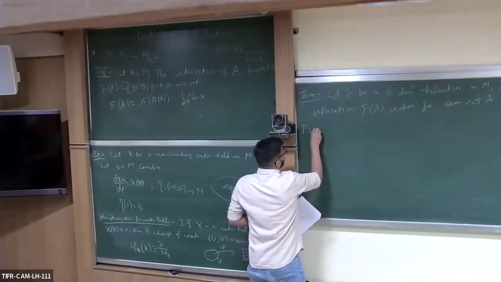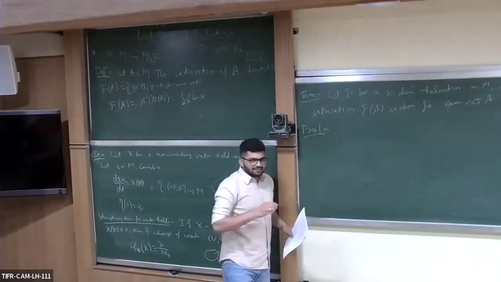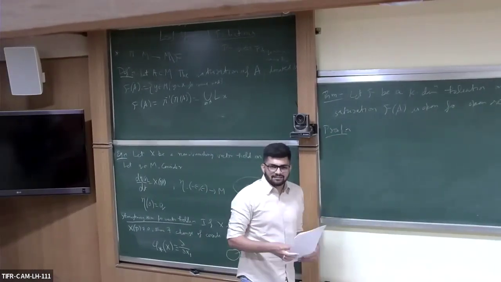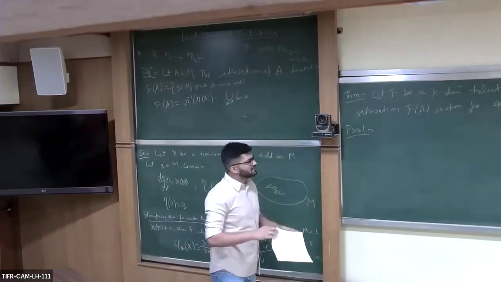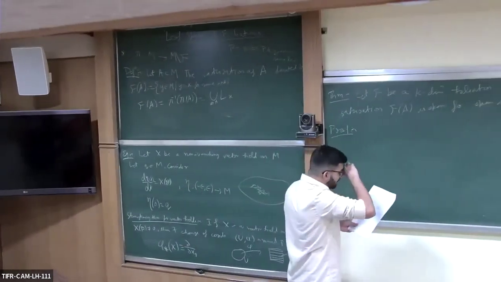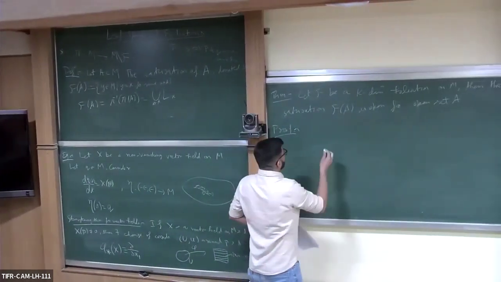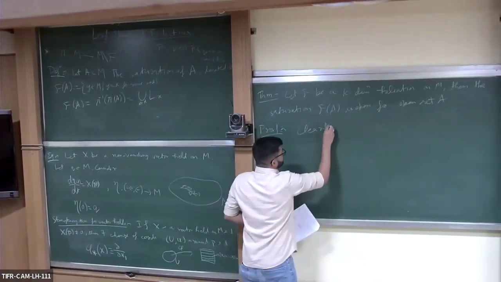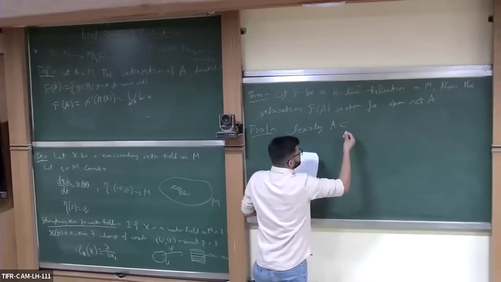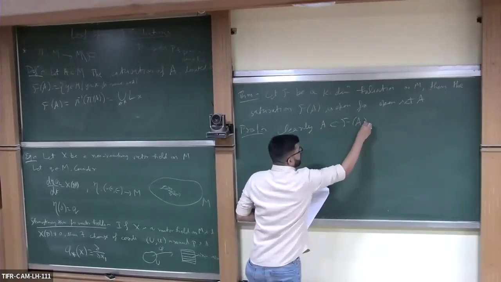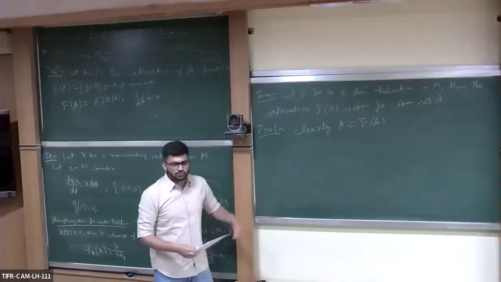My proof will be more tutorial. I'll make some pictures and try to tell you how this works. First of all, our original set is clearly a subset of its saturation.